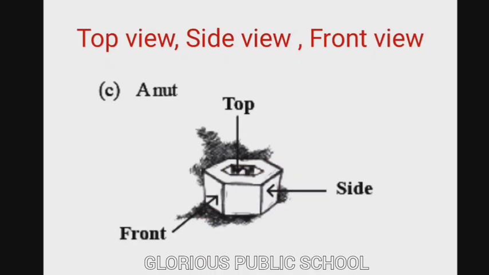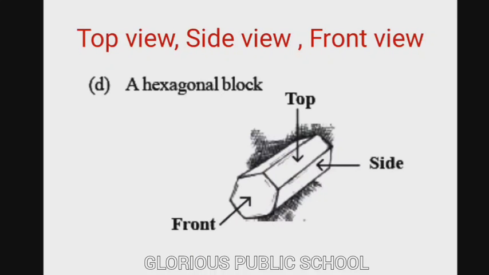Let's see the next example. A hexagon block. Three views: top view, side view and front view. This one is the top view, this one is the side view and this one is the front view. Why do we call this a hexagonal block? Because it has 6 sides.